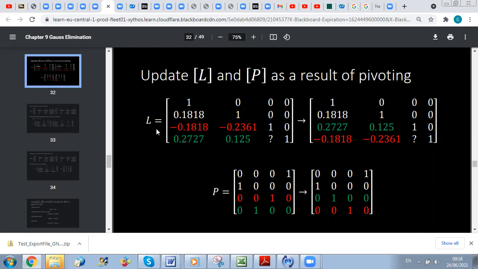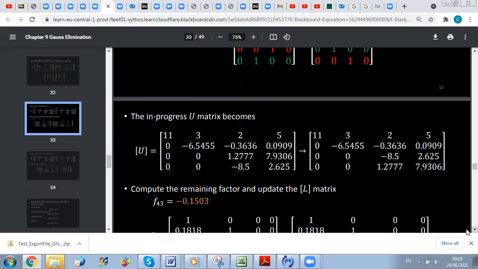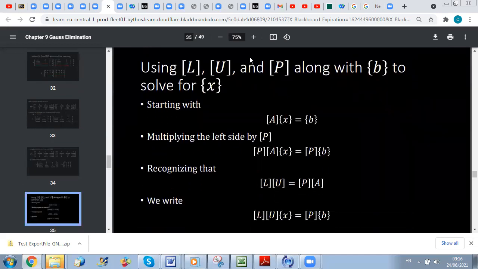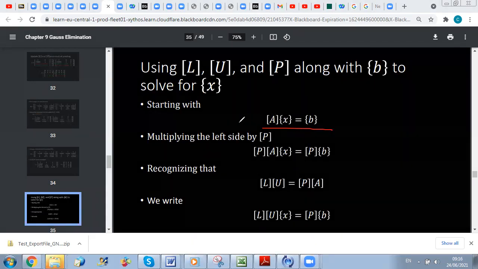And meanwhile, each time we do a pivoting in A, we perform also the pivoting for L. And at the end, once we are done with the determination of L, U, and P, so once we do the Gauss elimination process for matrix A to get L and U, and any pivoting that takes place is tracked in P, then for any vector B given, all we have to do is multiply B by P. We started with AX equals B. By multiplying the left side by P and the right side by P, all pivoting that takes place will be considered for B also.